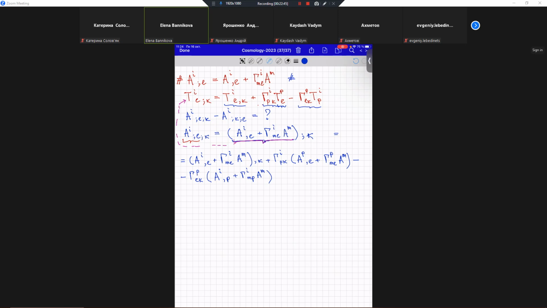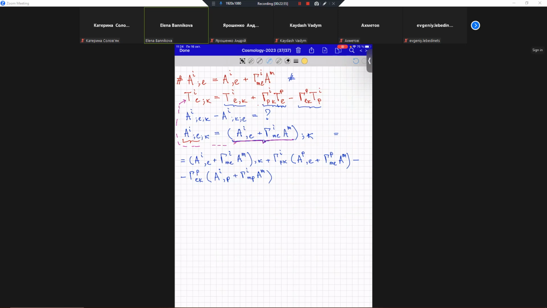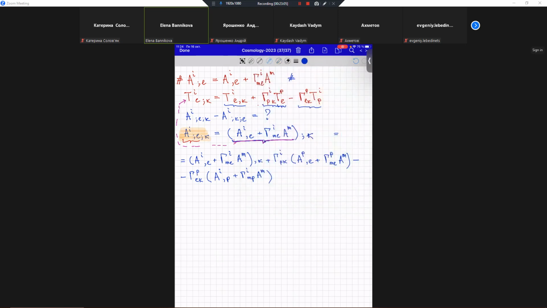And we can control by considering the summation index. I will start from this one, okay? And we have from the left part indexes I L K, which should be again kept on the right side.